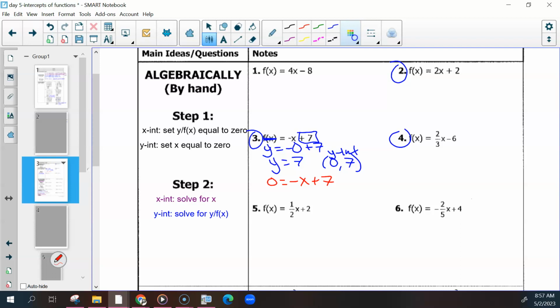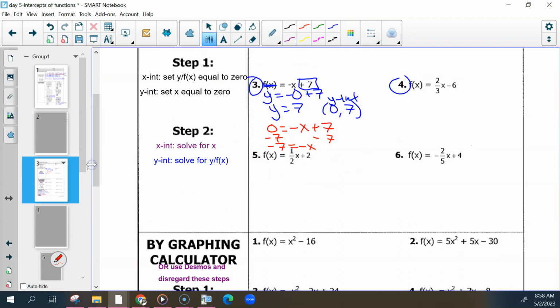How would we get x by itself? x isn't by itself yet. By -1. So x is 7. How would we write that as an ordered pair? 7, 0.